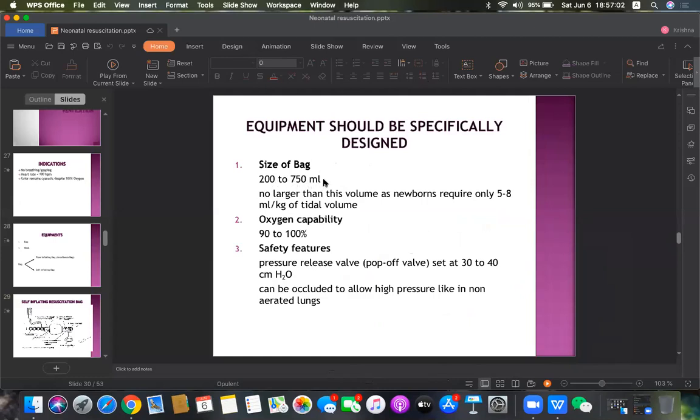But a big baby, for example, a baby of a diabetic mother, needs a bigger bag. So this is how we judge it. Oxygen, usually we give 100% oxygen, which is pure oxygen. And regarding the safety feature, you don't squeeze very hard. If you squeeze very hard, the pressure will be higher and the pop-off valve will open automatically.